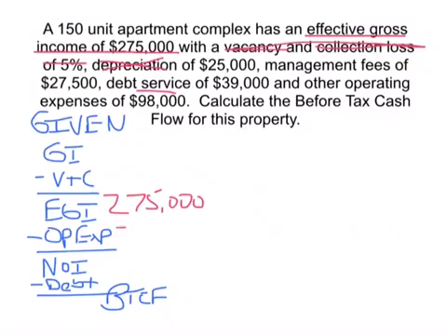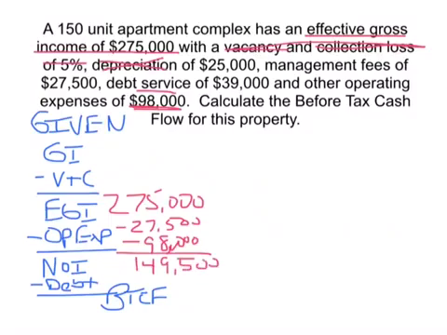Management fee of $27,500, and we can back out other operating expenses of $98,000. So subtract that out, and when we do that, you get a net operating income of $149,500.